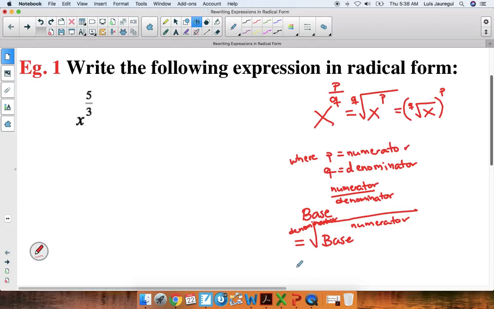Or if you change the order, you can say, I'm going to take the root based on the denominator and you're going to elevate that to the numerator's power.